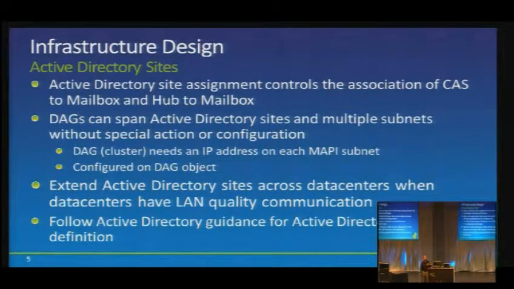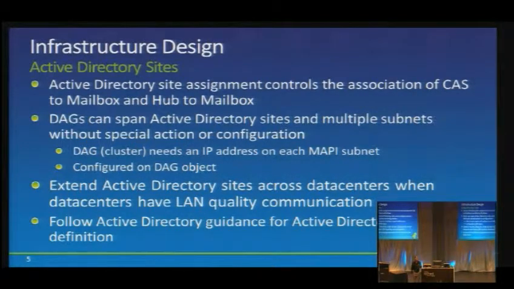Now, we do have some requirements around when you should extend the Active Directory site. The Active Directory site should span multiple locations when you have LAN speeds between them. 10 millisecond or less connectivity between them. So say, for instance, you're a company that has 2 data centers. One data center is in one building, the other data center is in the building across the street. You may have very well-connected networks between them.